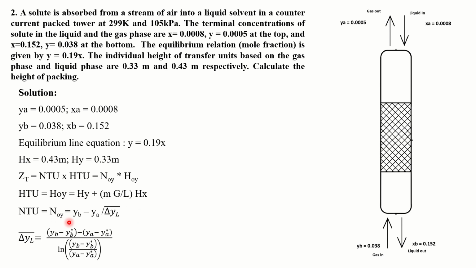In this case, YB and YA are the mole fraction of solute in the inlet stream of gas and the mole fraction of solute at the exit stream of gas, and delta Y bar L is the logarithmic mean mole fraction difference, which can be calculated using the given formula. In that, YB star and YA star are the equilibrium values corresponding to XB and XA. So let us move on to the calculation.